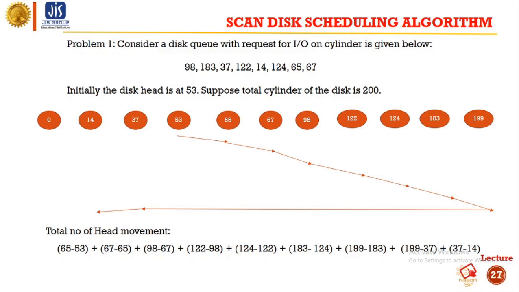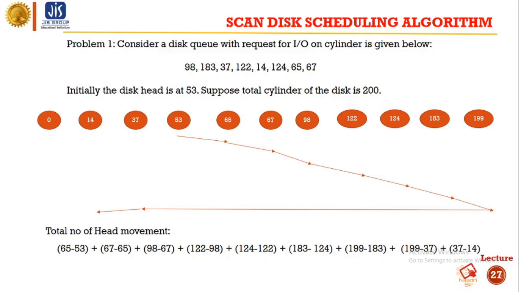Next, from 65 we will move to 67, so the total head movement is 67 minus 65. Okay, next we will move from 67 to 98, so the total head movement is 98 minus 67.